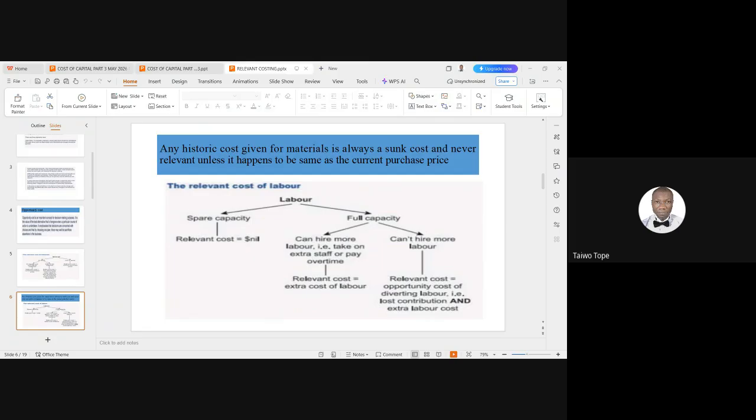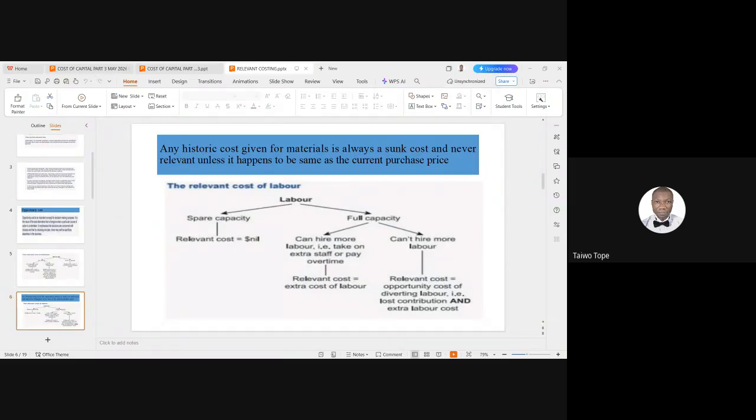Now, why are we bringing spare capacity into relevant costs? Sometimes the question can come that the organization needs, let's say, 20 workers, and you already have 30 workers in existence.